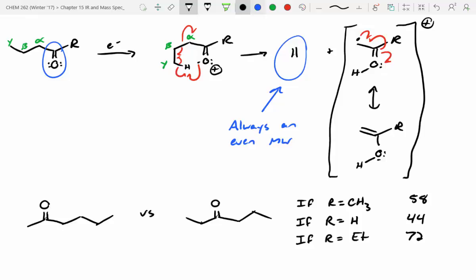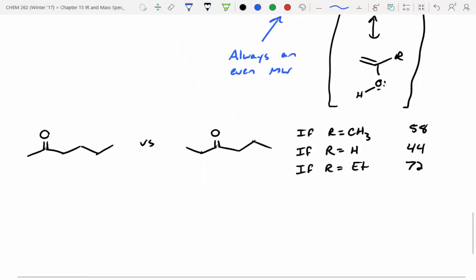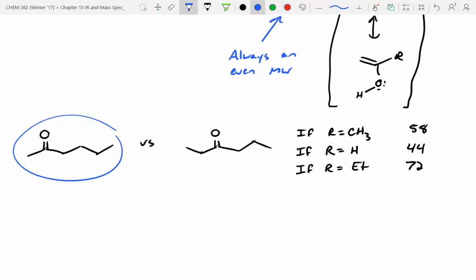So 58. Yeah, exactly. If we were comparing these two, I would expect this one to have a mass to charge fragment at 58, corresponding to that methyl ketone. However, the one on the right wouldn't have that peak. That wouldn't be a very prominent fragment.